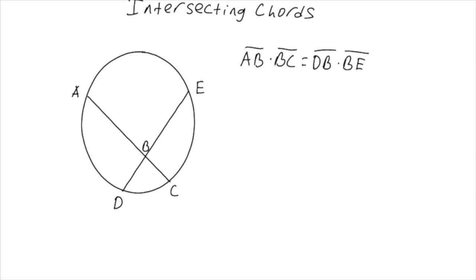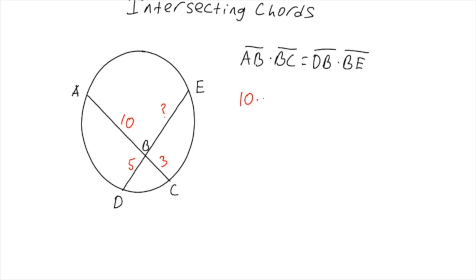So that means if you've got, say, this side is 10 and this side is 3, and then this side over here is 5, and we want to know this side, what we do there is we just say 10 times 3 is equal to 5 times question mark, or x in this case.